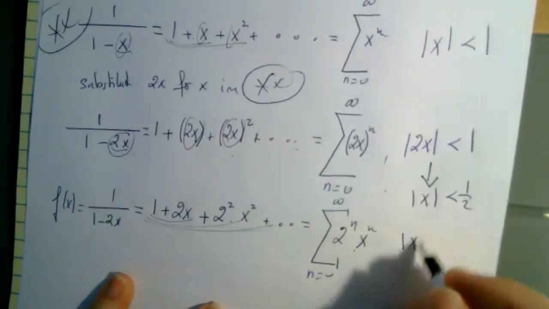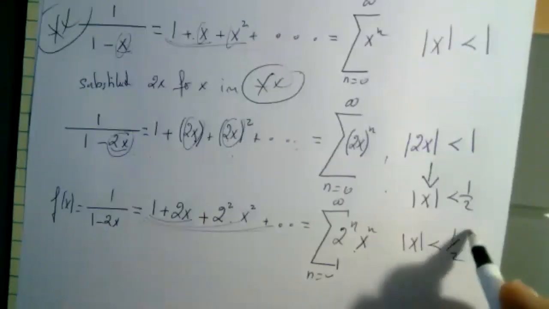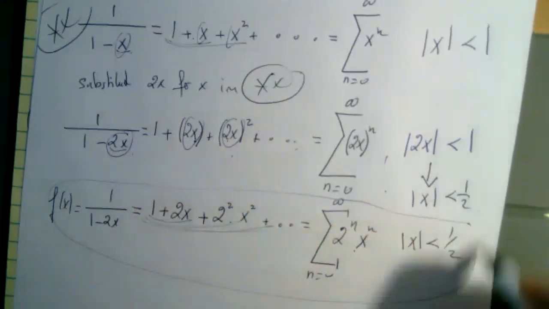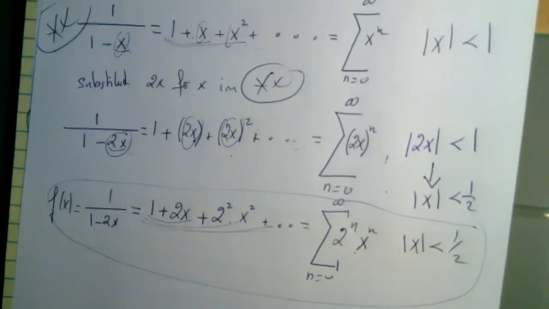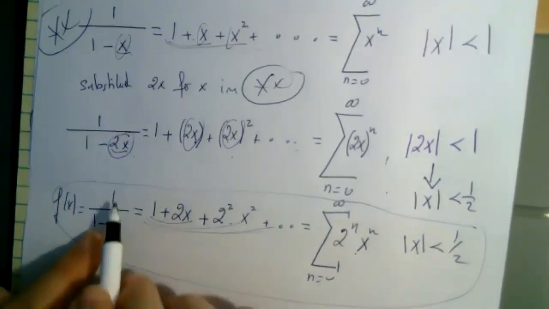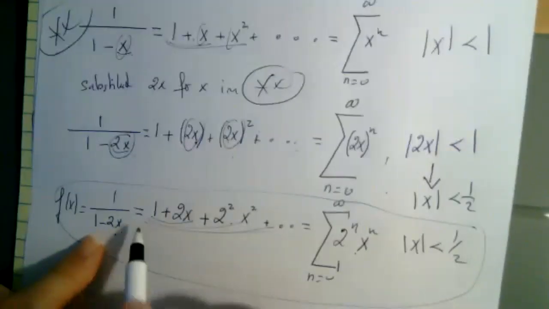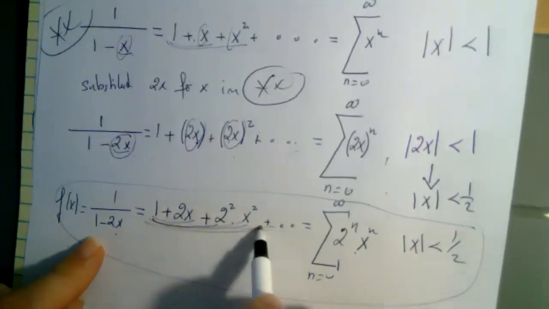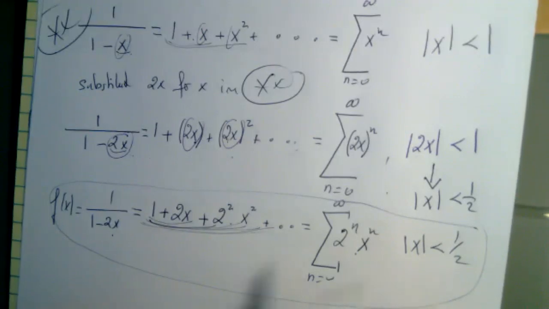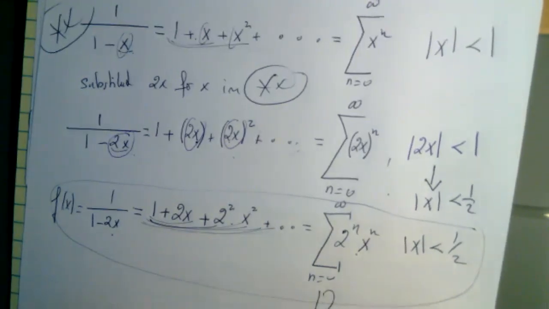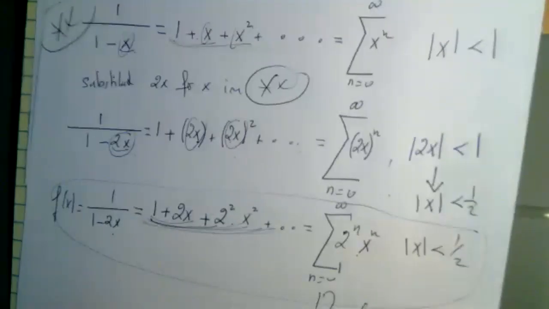It means that this holds when absolute x is less than a half. And that's the power series of the function 1 over 1 minus 2x. This function is equal to this infinite sum as long as absolute x is less than a half. And the radius of convergence here is a half.